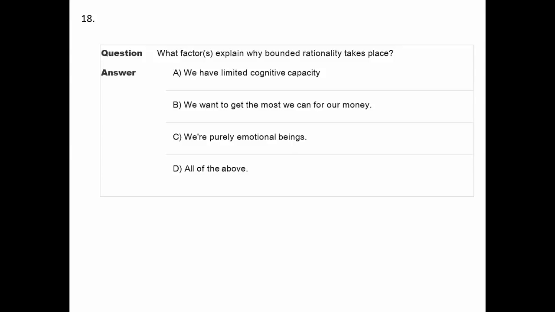Another part is how much information do we have at the time we do make a decision. And so that's why I talked about candy bars. But anyway, so we have limited cognitive capacity. That could be it. We want to get the most we can for our money. That's rationality. So we know that's wrong. We're purely emotional beings. We know that's wrong too. So therefore that means D's got to be wrong, and that leaves us with A.